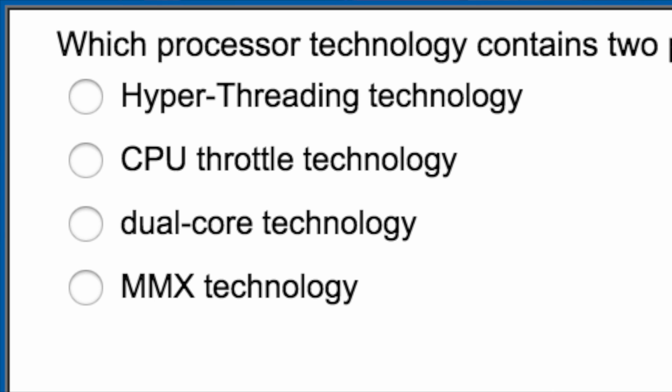CPU throttling can be a hardware-based or even a software-based device. MMX technology was introduced in the 5th generation Pentium processors to improve video compression and decompression, so it's completely unrelated to the actual question. We'll move on to the next item.